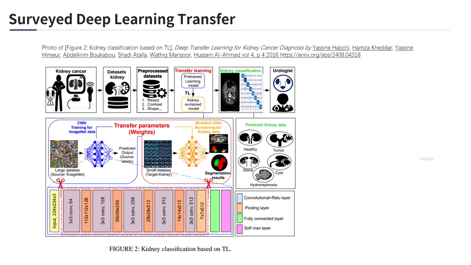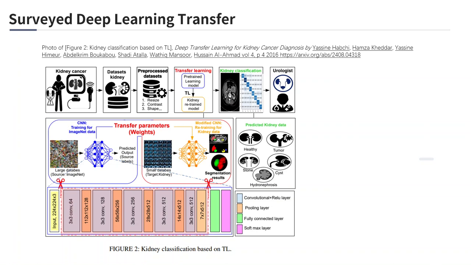From the CNN training, for example, on the left, you see that it's a large database using a traditional way of learning, right? The learning transfer, and then the predicted output that comes from that source label. We talked about the domain source.